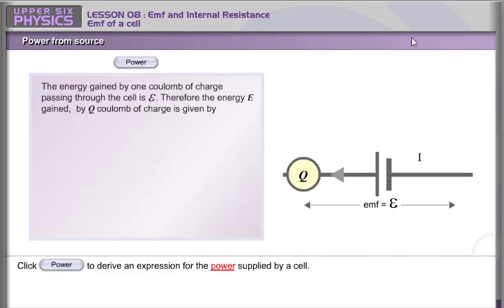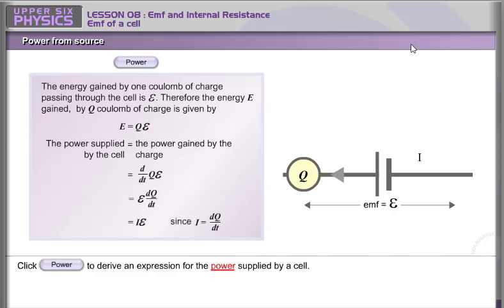Energy gained by 1 coulomb of charge passing through the cell is equivalent to epsilon. Epsilon is the EMF of the cell.